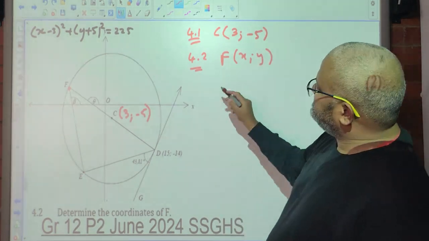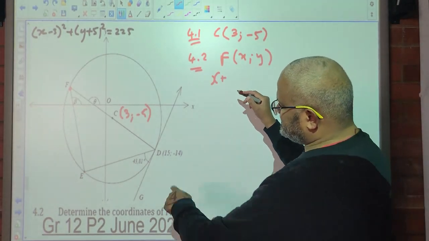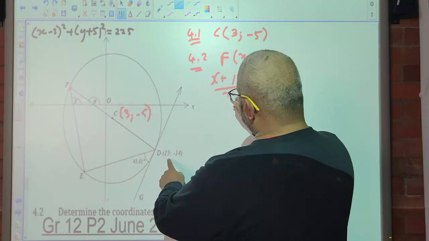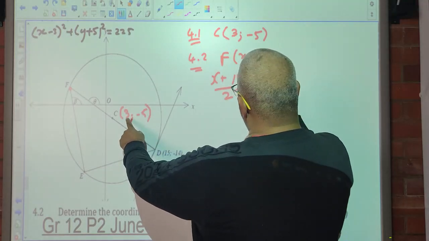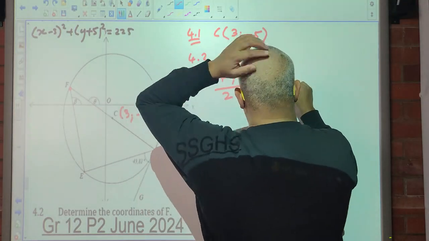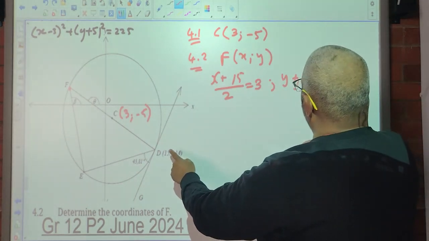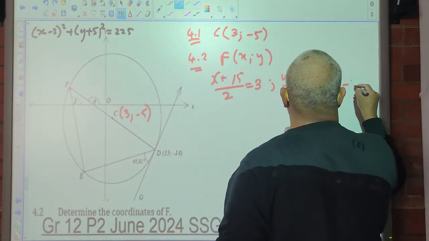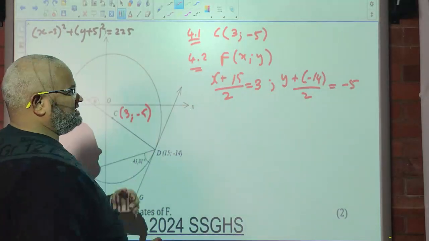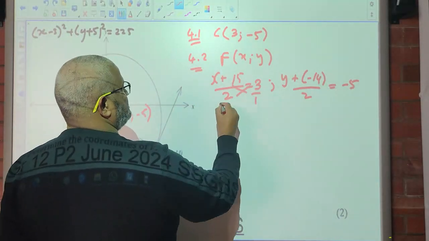In other words, (x plus 15) over 2 must give you the x midpoint, which is 3, and then (y plus negative 14) over 2 must give you negative 5. Cross multiply.